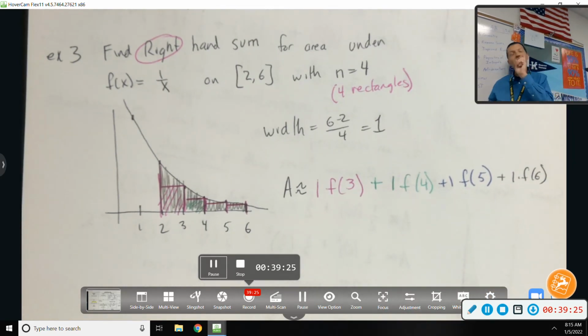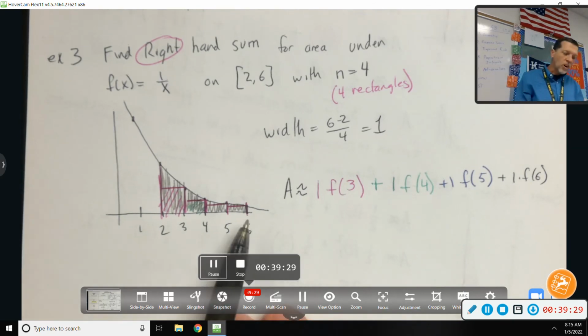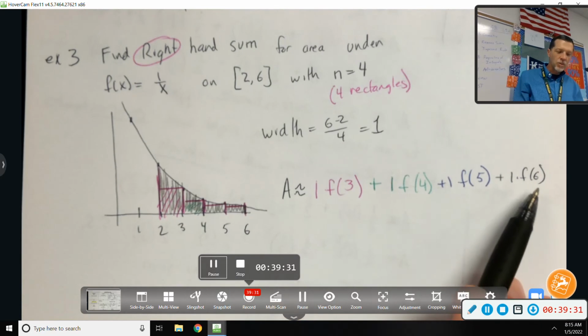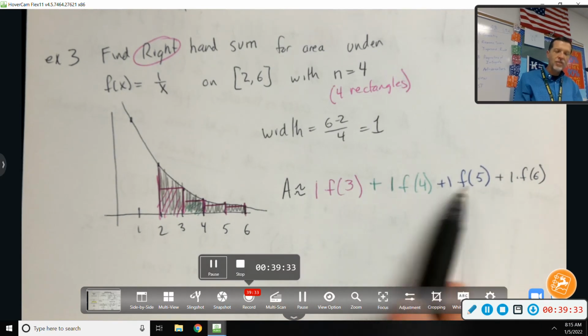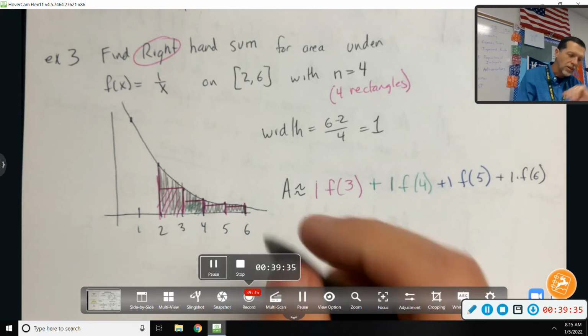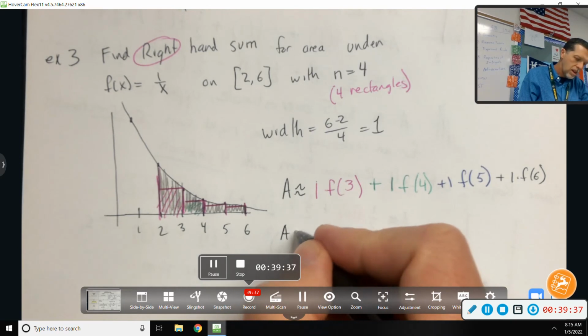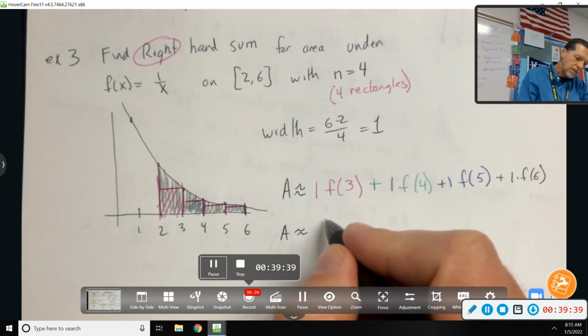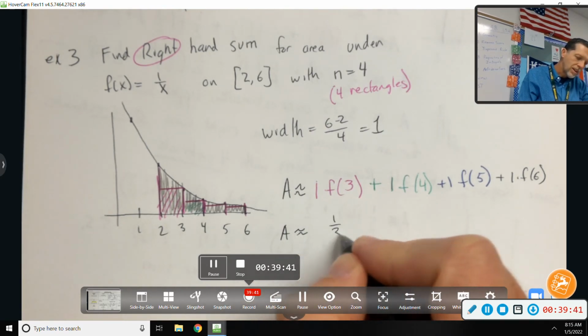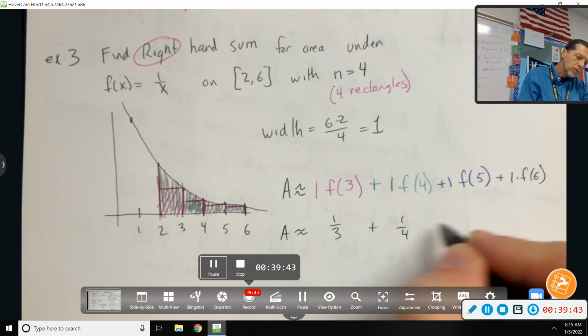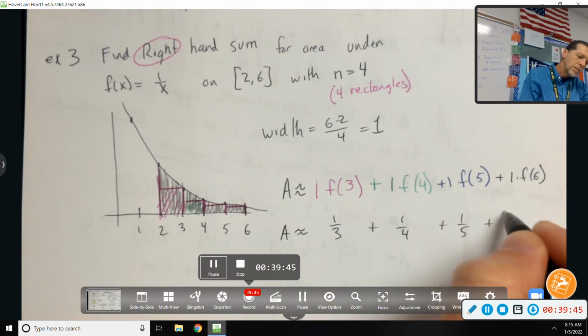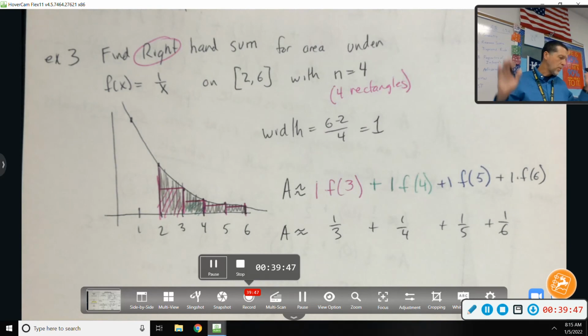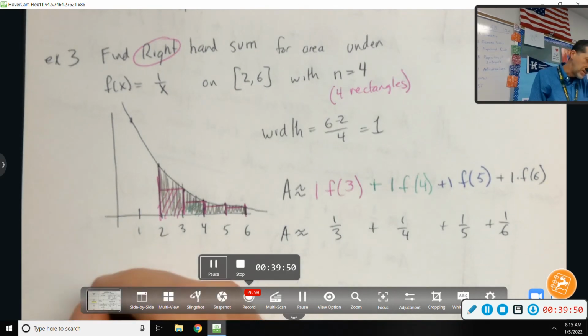Again, it's completely okay, and some people like it for a right-hand sum to start on the right-hand side and write their terms f of 6, f of 5, f of 4, f of 3. That's completely okay. Let's see. So the 1 doesn't matter. 1/3 plus 1/4 plus 1/5 plus 1/6. Safe stop. Who cares? We'll be done.